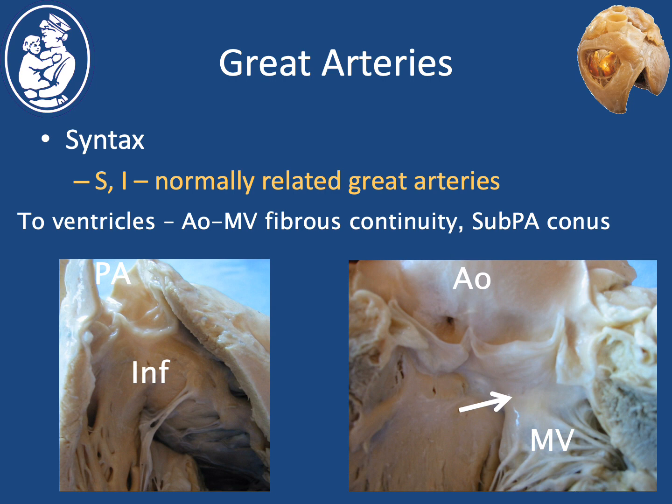So in order to use S or I, Situs or inversus normally related great arteries, in the third position of our set notation, the great arteries must be normally related to each other, as we saw in the previous slide, and to the ventricles, as we see in this slide.